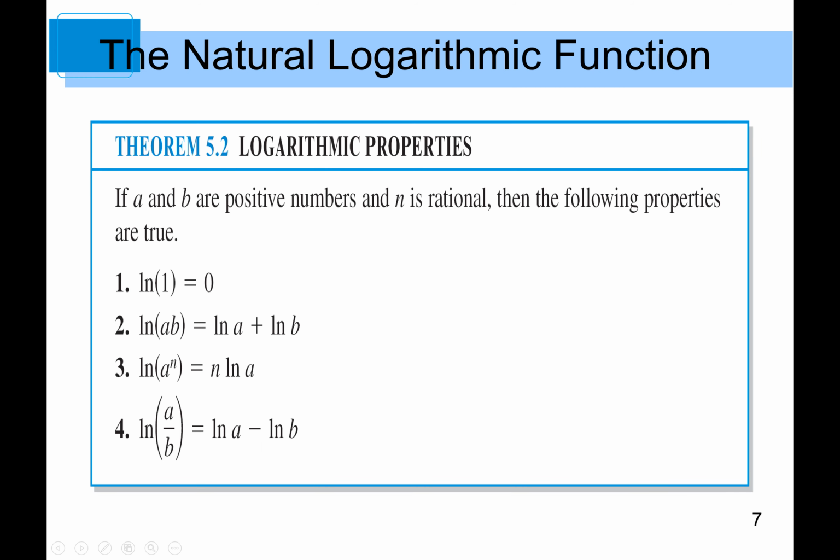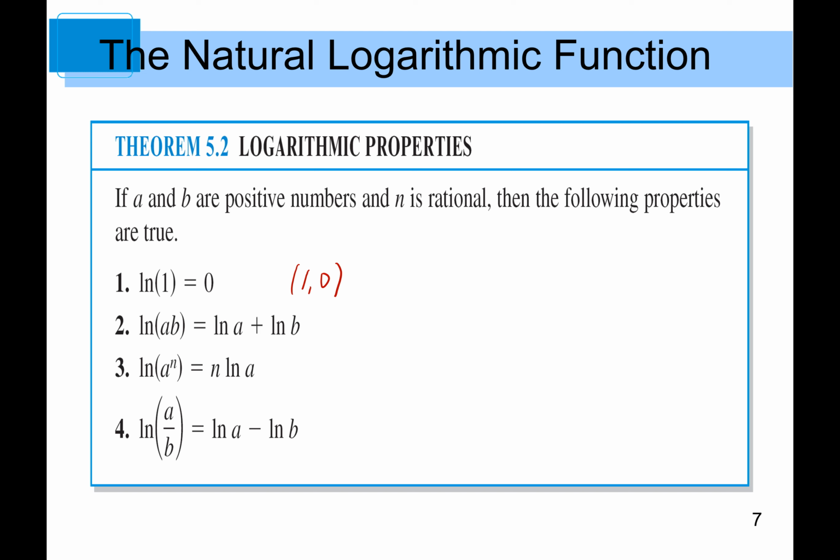And now let's review some of the basic properties of logarithm functions. So if a and b are positive numbers and n is rational, then the following properties are true. ln of 1 equals 0, meaning, graphically speaking, it passes through (1, 0).